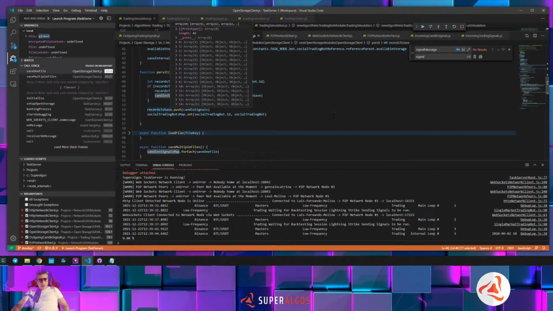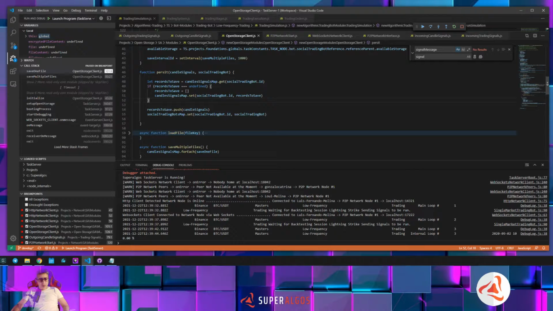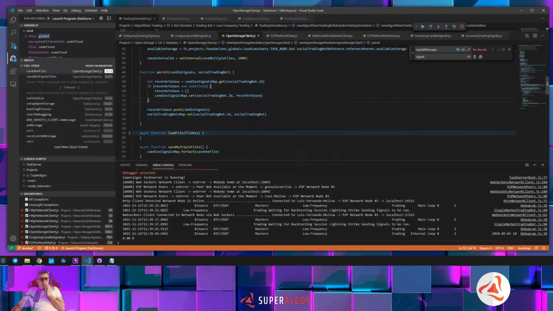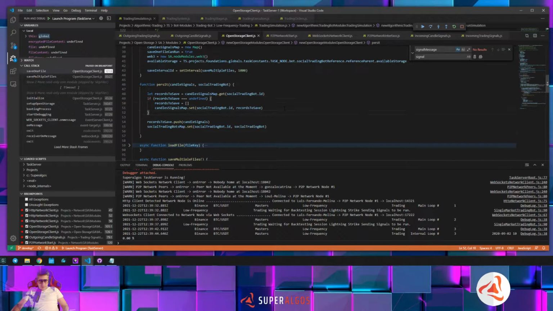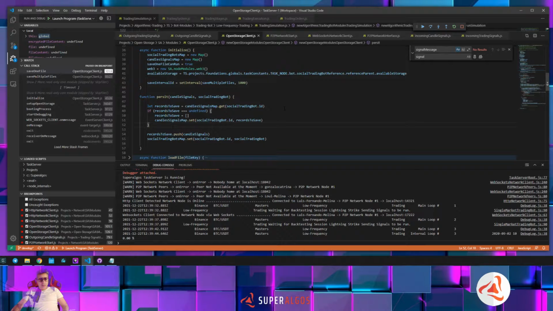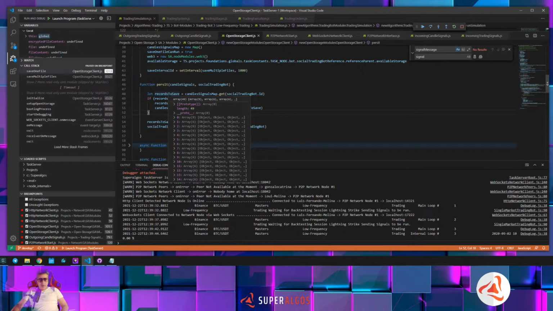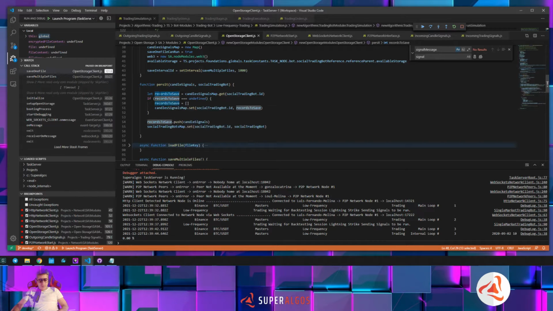Candle single map. I am recording. I got a key by bot ID and I'm recording an array of candles to save, records to save. Maybe I should refactor this into candles to save.